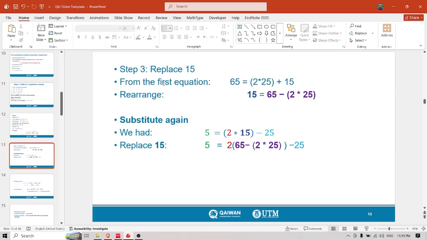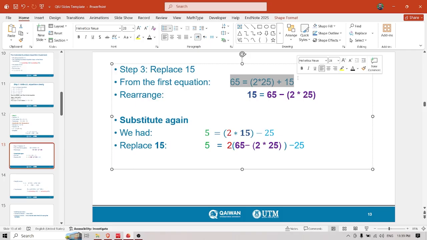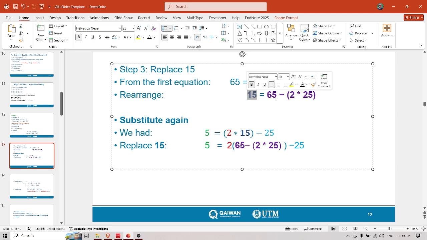Now we will repeat the process and replace the 15. We replaced the 10 and we will replace the 15 also. From the first equation, 65 is equal to 2 multiplied by 25 plus 15. Now we will rearrange it, and 15 would be equal to 65 minus 50, which is 15. Now we will substitute again.